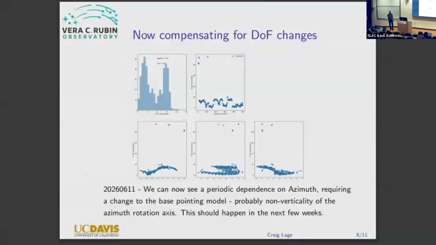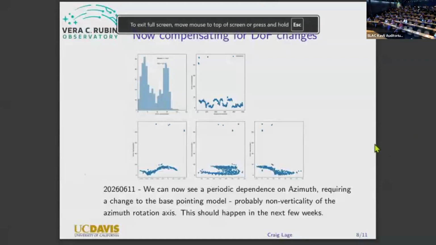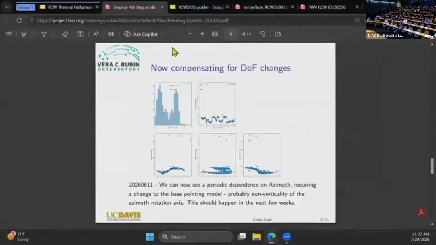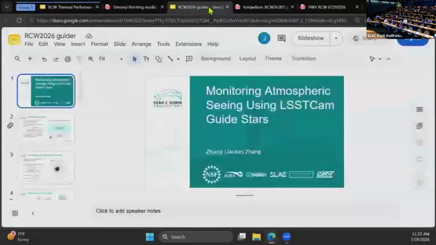So 1 arc second sounds great. As one thinks about the PSF error budget, does one have a sense of how much that will improve our image quality overall? I'm not sure that's a well-defined question, but it's very small.